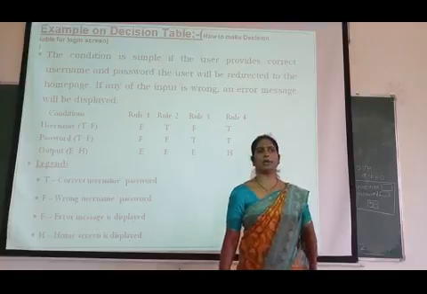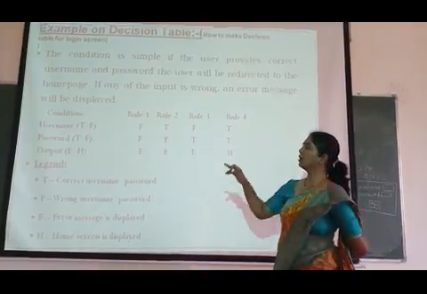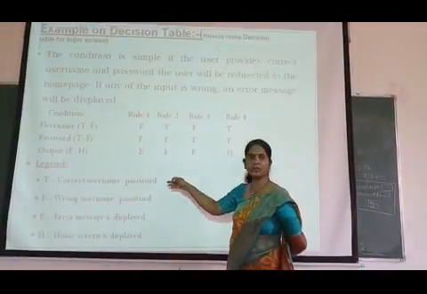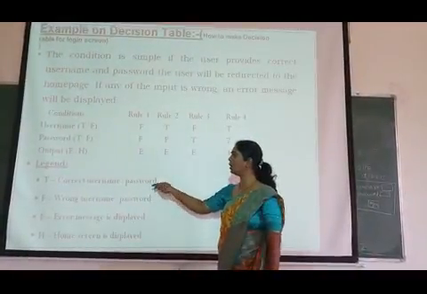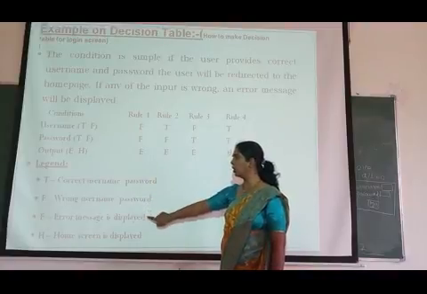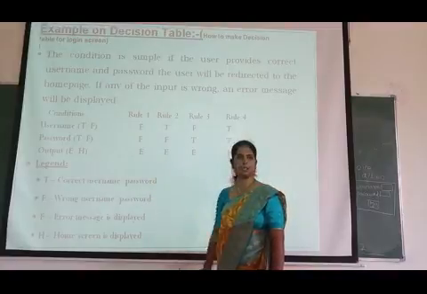What are the 4 combinations? First we need to consider the legends: correct username and password, wrong username or password, the error message and the home screen.